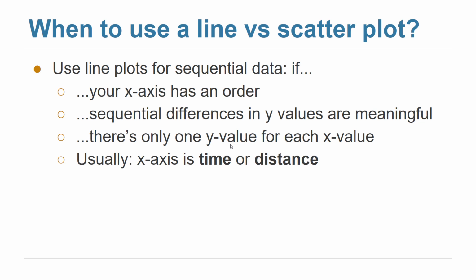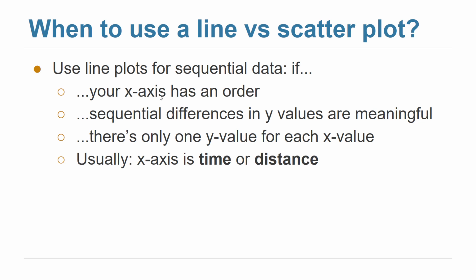Which one of those conditions applies? All of them apply on the line plot data. The scatter plot, none of these. On the scatter plot that we saw, the x-axis has no sequential order.